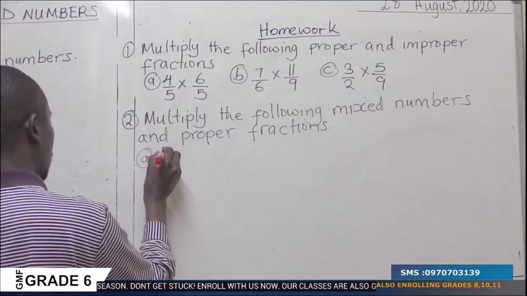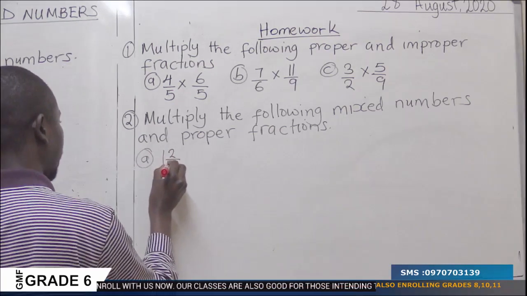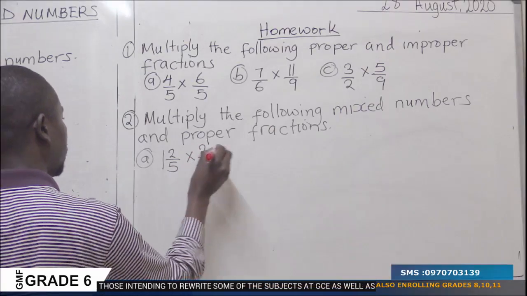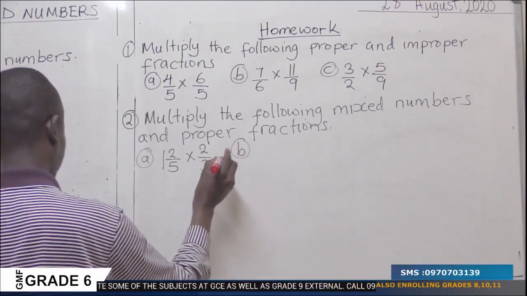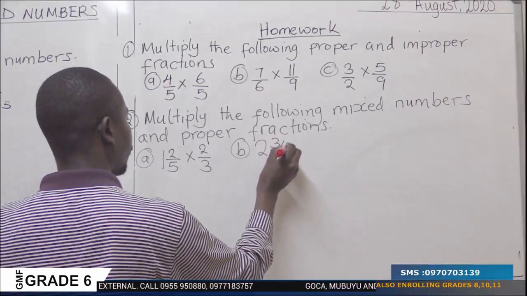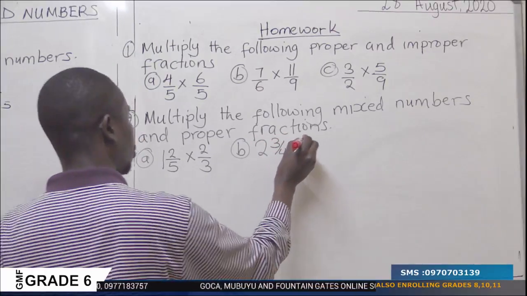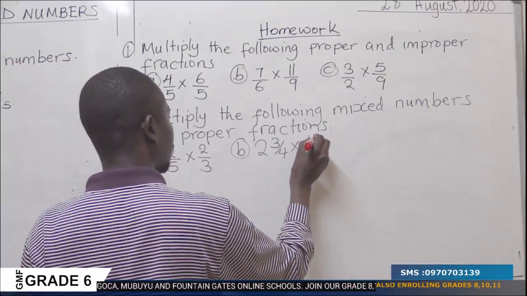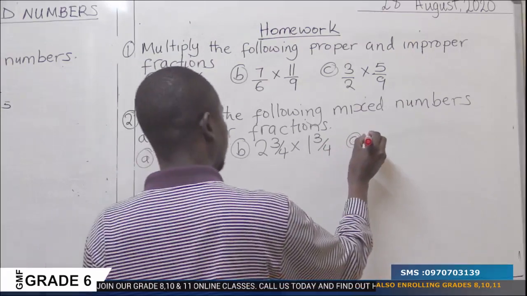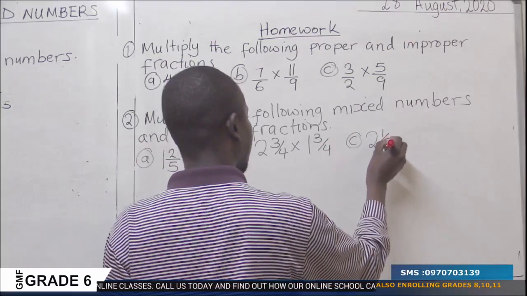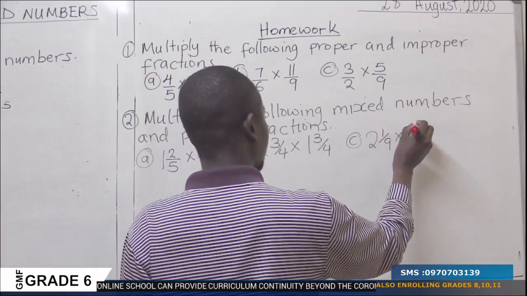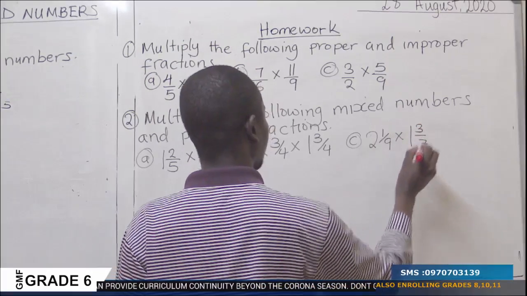A, 1, 2 over 5 times 2 over 3. B, 2, 3 over 4 times 1, 3 over 4. C, 2, 1 over 9 times 1, 3 over 7.